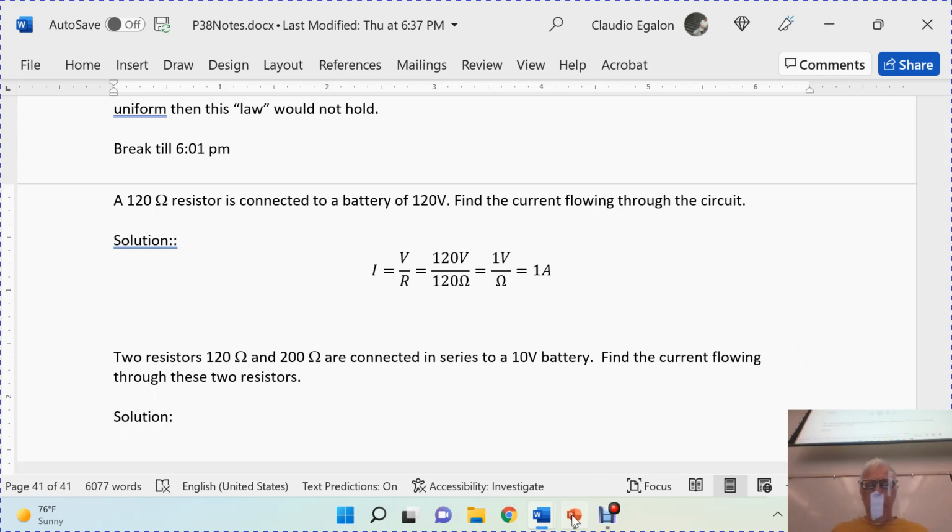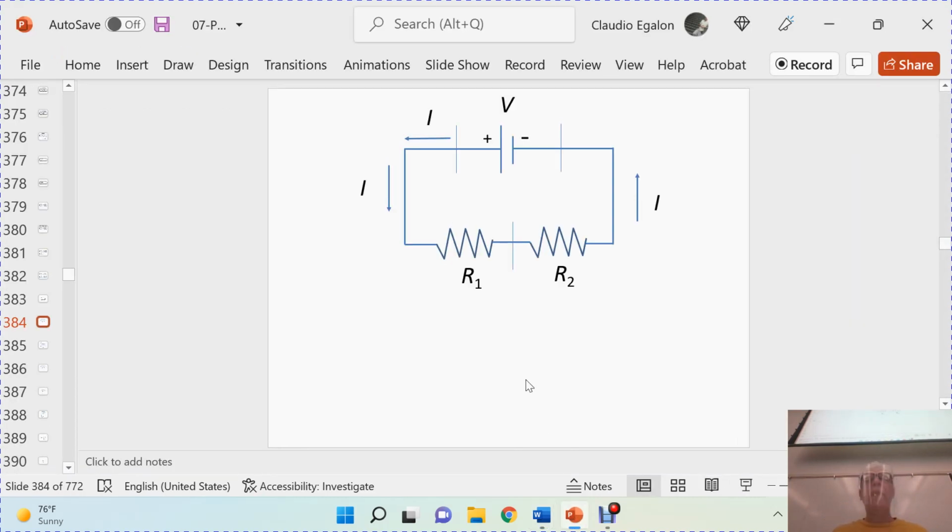Okay, now you have to think what's going on here. You have to have a mental picture of what's going on in this circuit. This thing is just a single circuit.